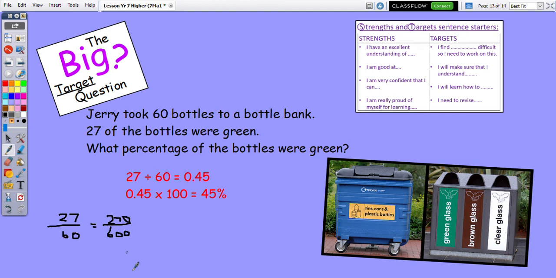And then divided by 6, 6 into 270, 270 over 6, 45, yes it works, thankfully, it's 45, okay. So get the bottom number to 600 and then divide by 6 to get it to 100, which gives you 45%. Okay, so hopefully that makes sense.